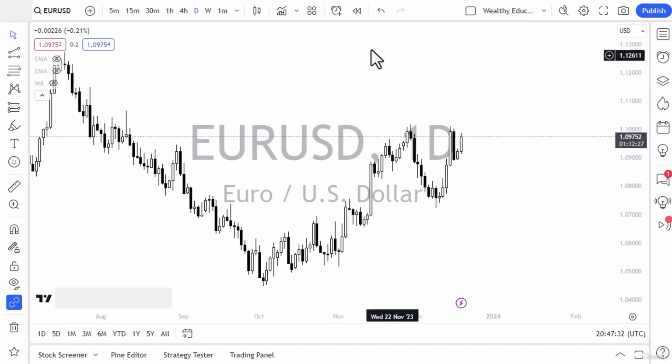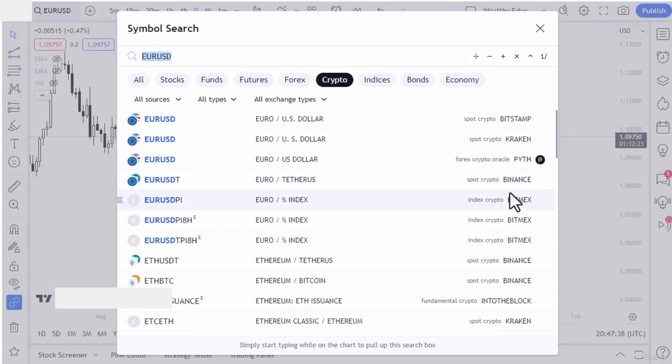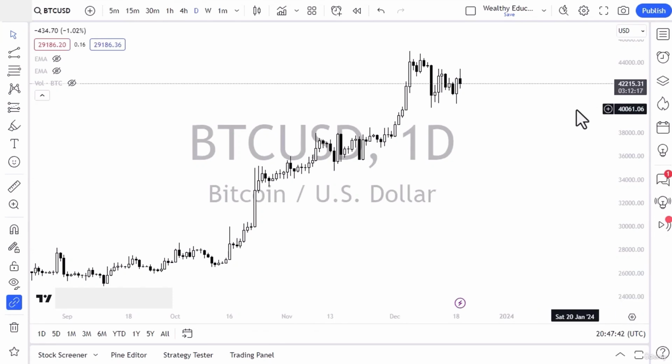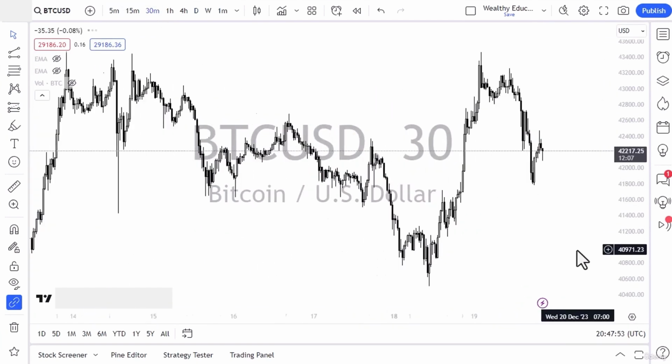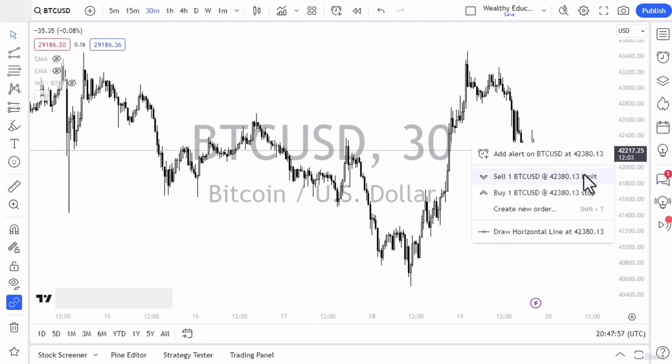The symbol search, like I said, pulls it up. And the nice thing is it pulls it up in sections. So like all crypto. So for example, Bitcoin. You can see that we have shown this on the daily time frame. Say we want to see it on the 30-minute. Again, I can create an alert there.